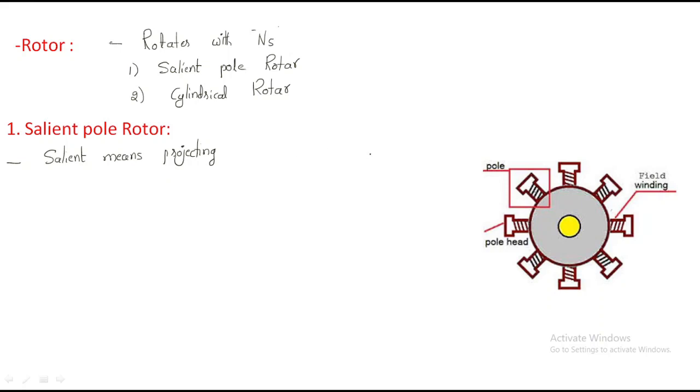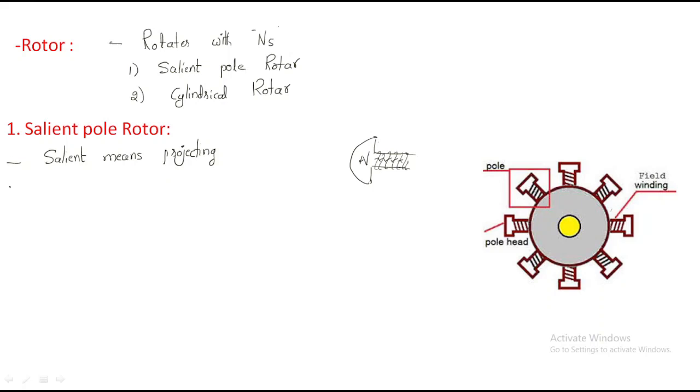This pole looks like this. This pole is projected, expanded, extended. This pole construction is like this, and it will form the north pole. So projecting. Why this type of construction?